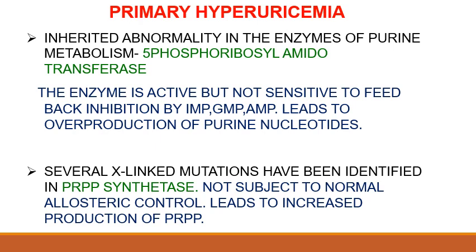The primary causes could be due to certain enzyme deficiencies. The first enzyme is the 5-phosphoribosyl amido transferase. Now, as you know, this is a regulatory enzyme, and this is the step at which we can have regulation of purine biosynthesis.